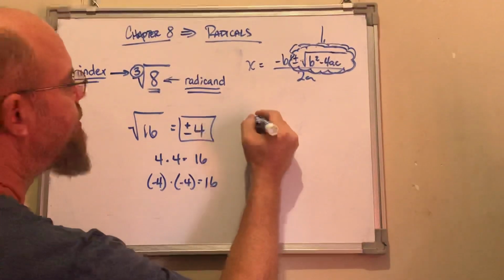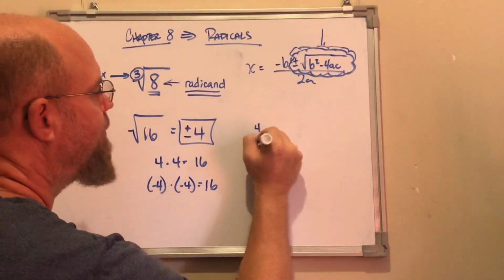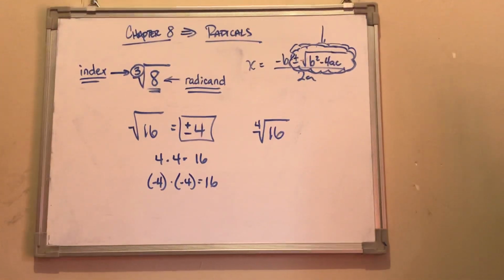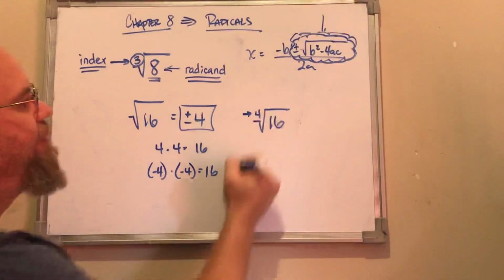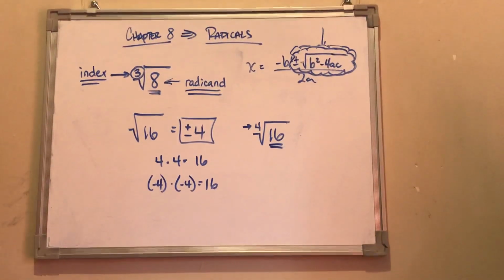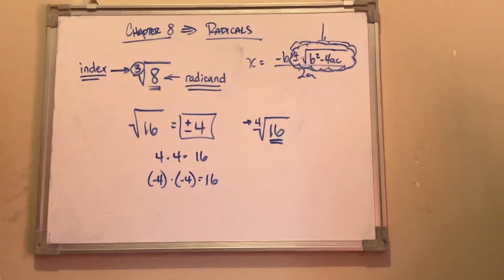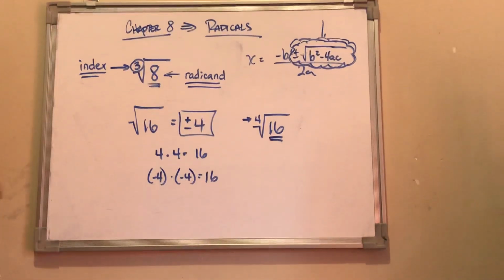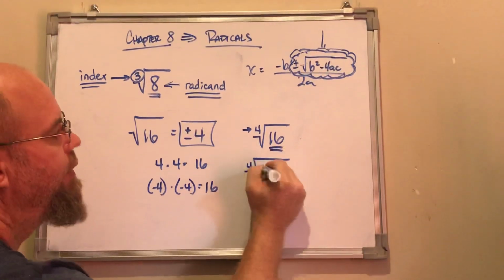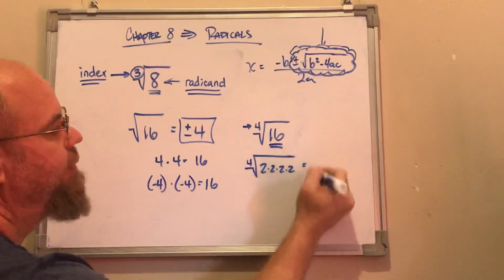Any even root, let's do an index like that. We have an index of 4, and we have a radicand of 16. So what number can be multiplied by itself 4 times to equal 16? Well, that's a pretty simple one. 16 is 2 times 2 times 2 times 2, right?